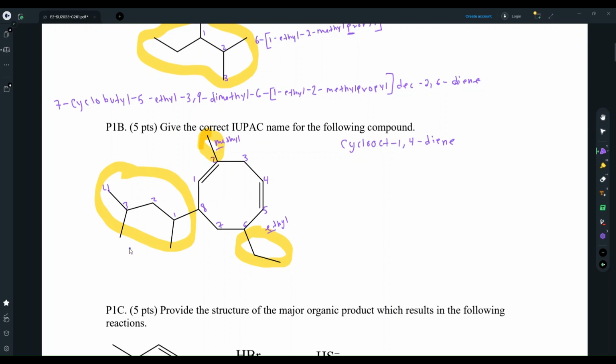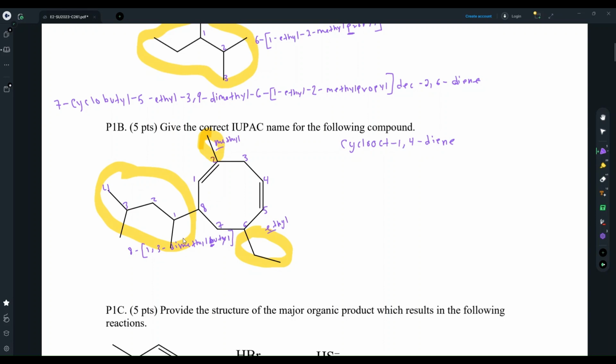But let's write the full name out. 8, 1, comma 3, dimethyl butyl. And again, for these long substituents, this will be our letter for the entire parent chain. That's going to be the letter we're looking at when we're writing it down alphabetically.